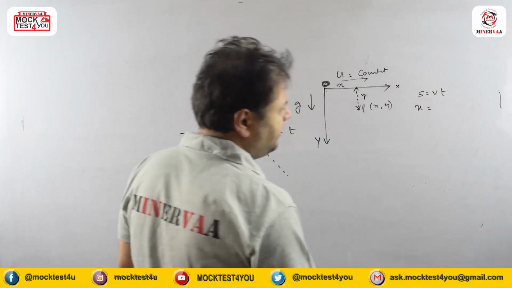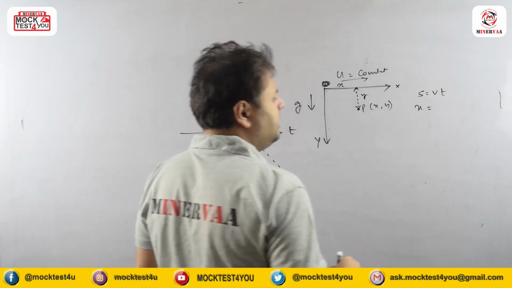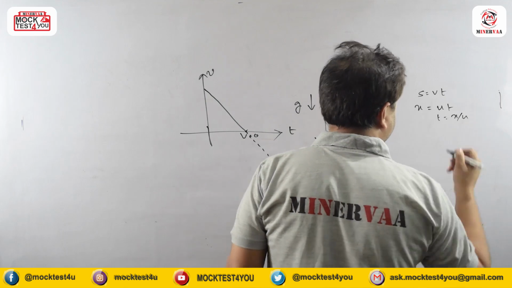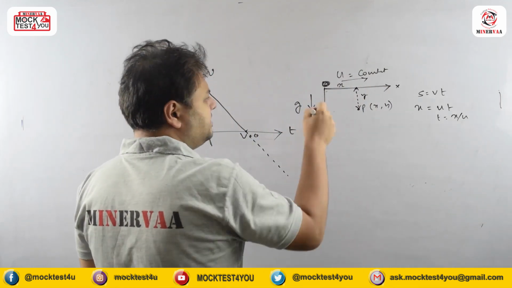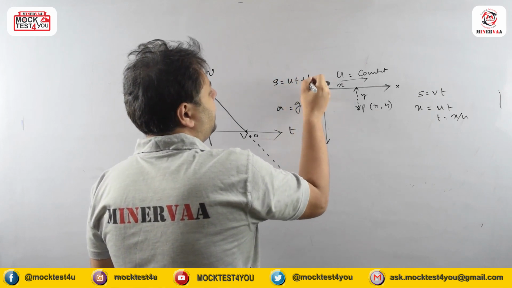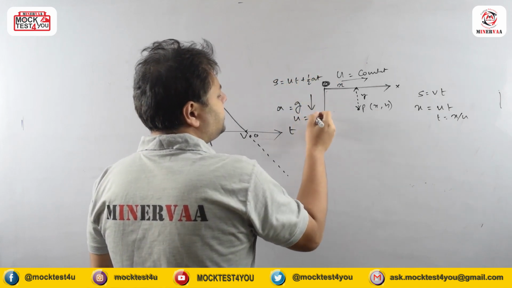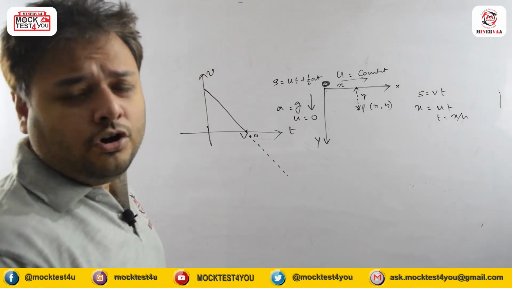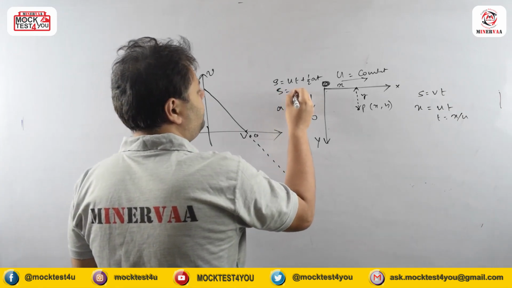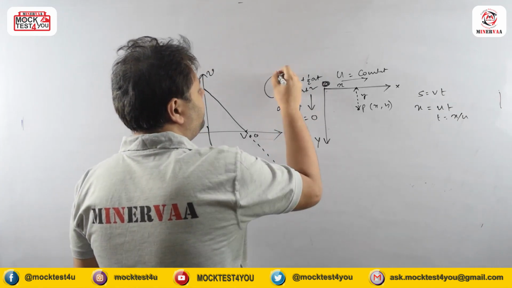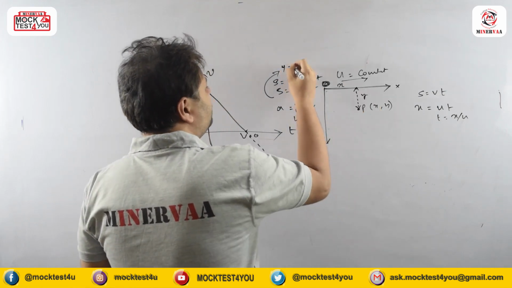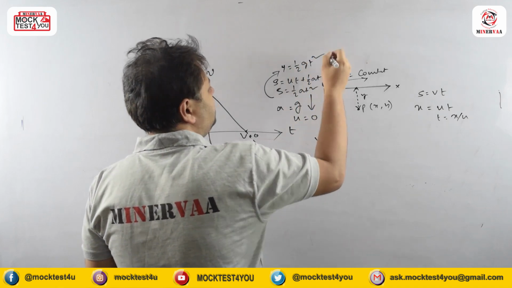So if this one is y and this one is x, then x is traveled with constant velocity, displacement s equals vt. So x should be ut, and the time we get is x by u. Now along y, it is moving under acceleration, so we use the equation ut plus half at square, and along this direction there was no initial velocity for the coin. So u is 0, and s should be half at square. Here the displacement is y vertically, so y equals half gt square.